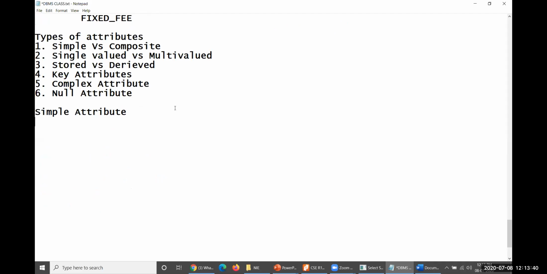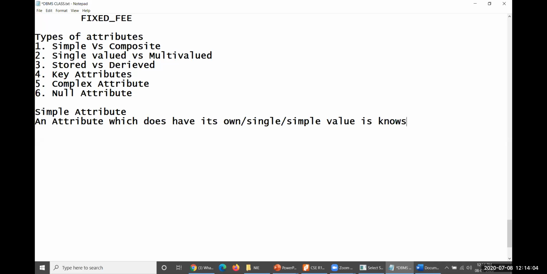An attribute which has a single value, otherwise a simple value, is known as a simple attribute, or single valued, or stored.